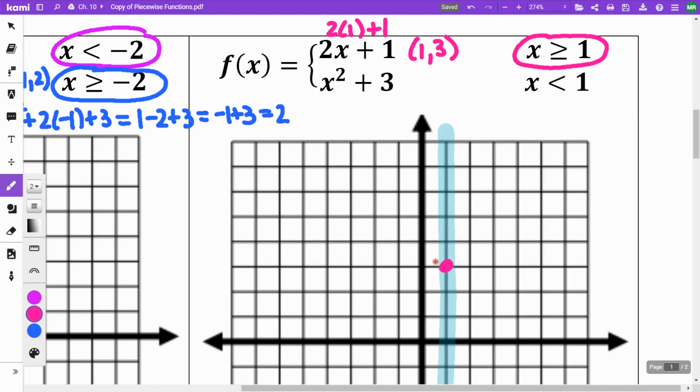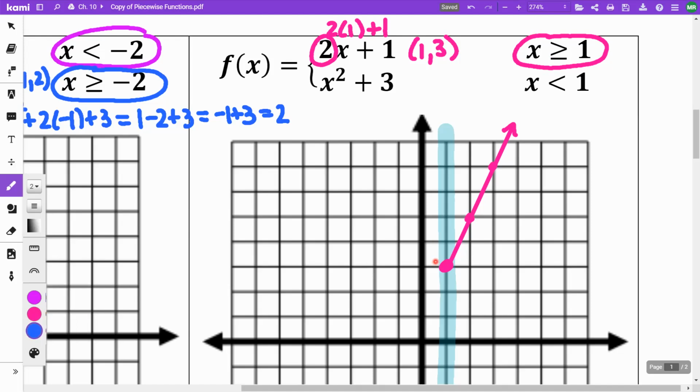And then I want to go to the right because I want x greater than or equal to 1, and my slope is a 2. So I'm going to be going up 2 to the right 1, up 2 to the right 1, and so forth. And this is my line.